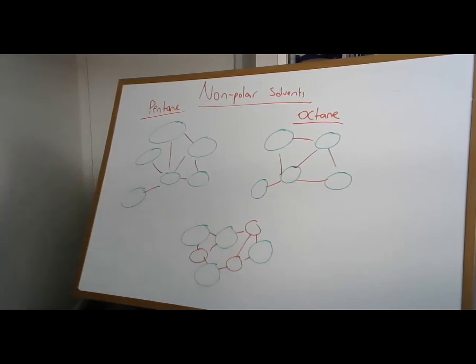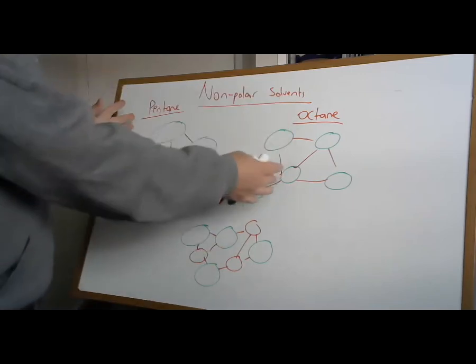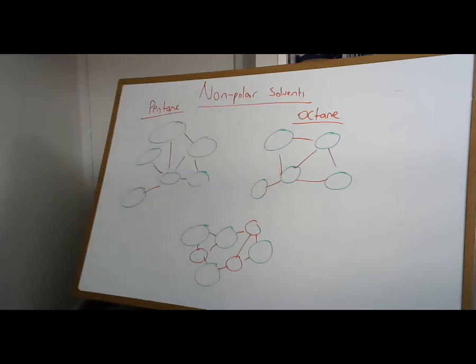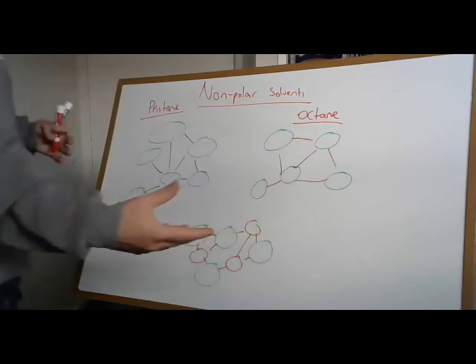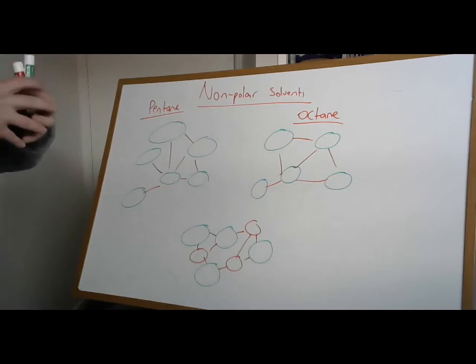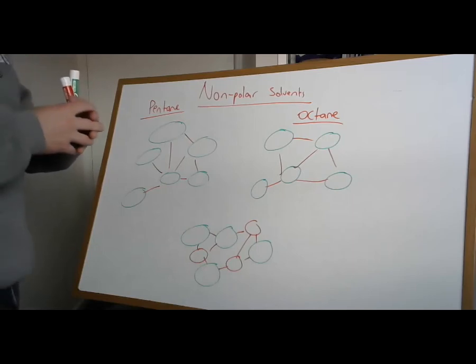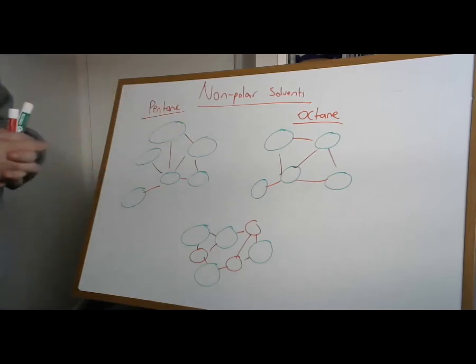So this is why they have to have the same intermolecular forces. Pentane mixes with octane, and they share the bonds, and everybody is happy. So when you put them together, all of these bonds dissipate, and then they join back together. And in that joining together, they become one liquid.